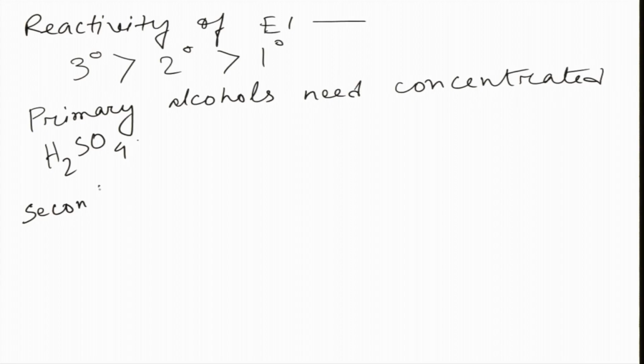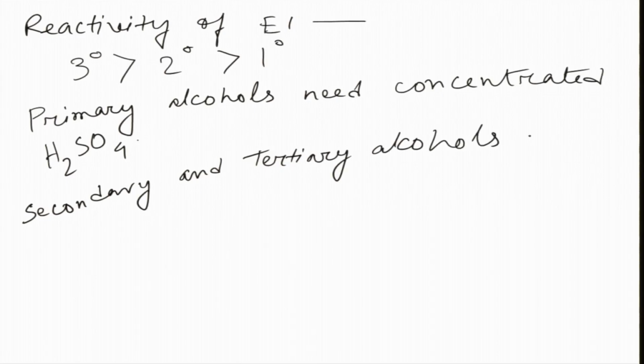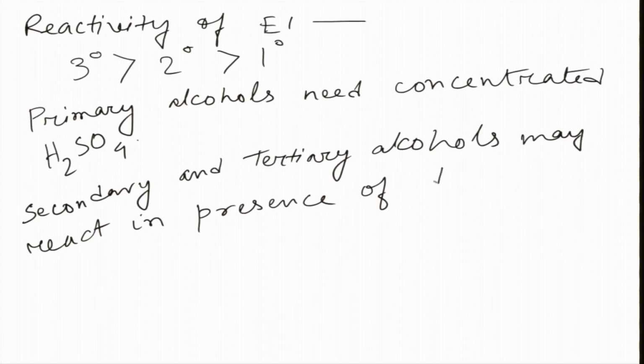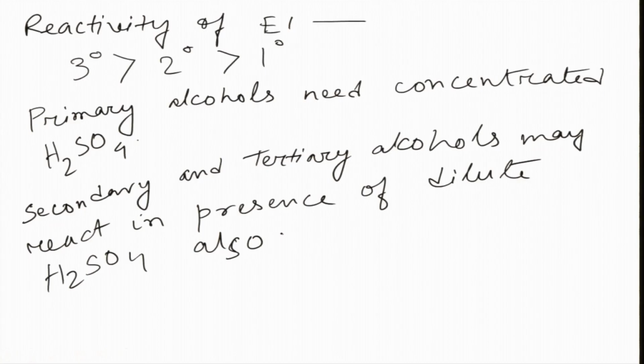But secondary and tertiary alcohols may react in presence of dilute acid, that is dilute sulfuric acid also. Okay. So, this was the method for preparation of alkenes from alcohols.